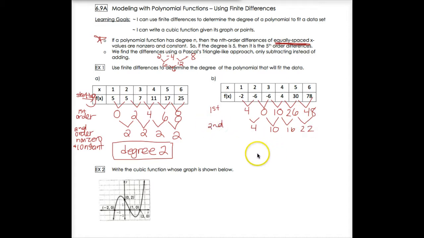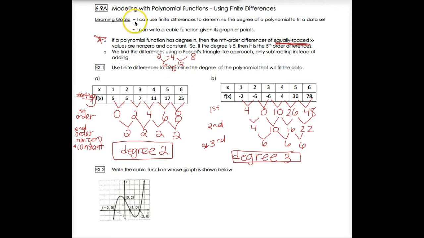So this is definitely not a quadratic that models this data. Third order differences here, 6, 6, 6. So the third order differences are non-zero and constant. So that means the type of polynomial we would be looking for to model that data would be of degree 3.